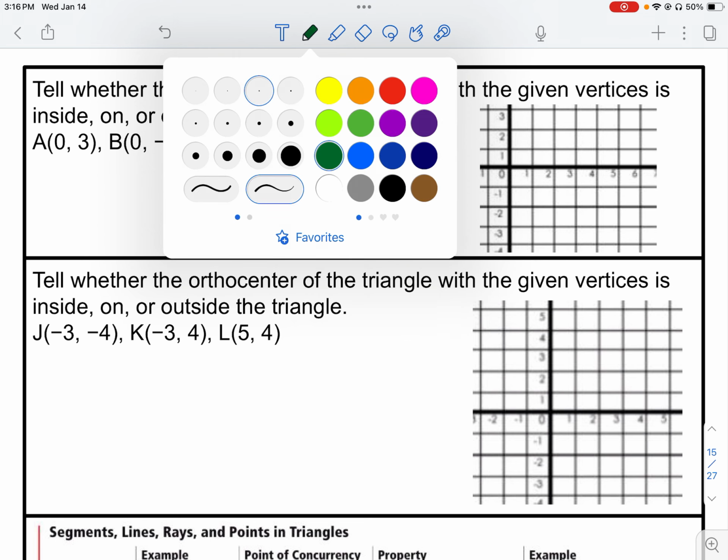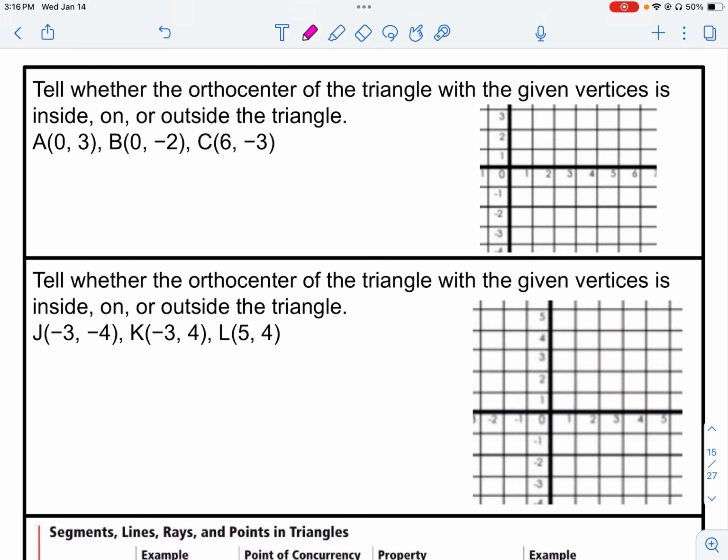All right, so let's do some more stuff and see what we can do. Is the orthocenter of the triangle with the given vertices inside, on, or outside the triangle? Well, it depends on what type of triangle it is. Let's plot it, see what kind of triangle we have.